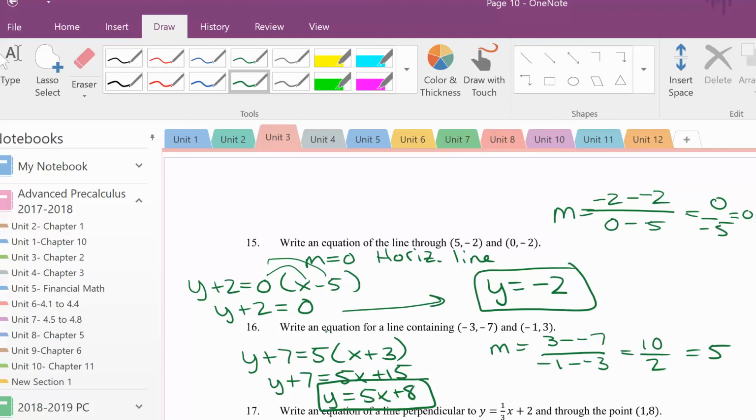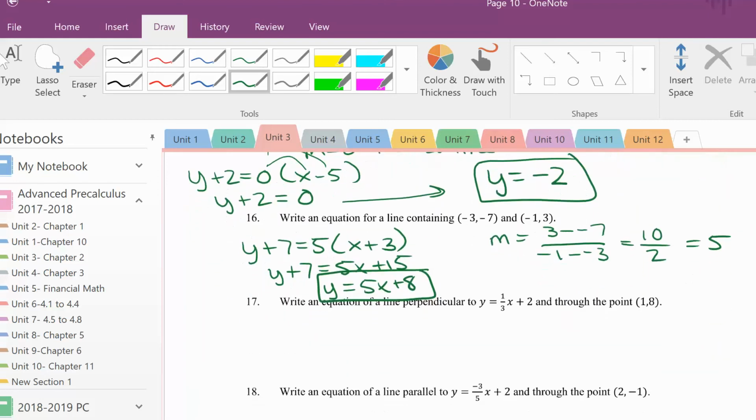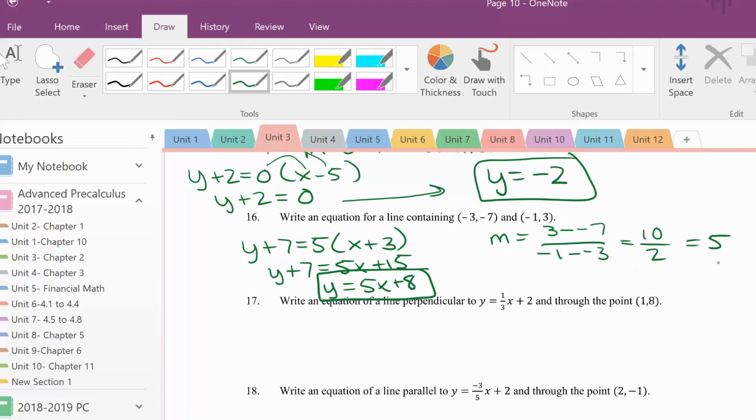So any horizontal line is always y equals whatever that y coordinate is, and notice because it's the same, it's always -2. So for 16, you find the slope and you get 5, and then you pick one of the points and you distribute the 5 and you get y equals 5x plus 8.